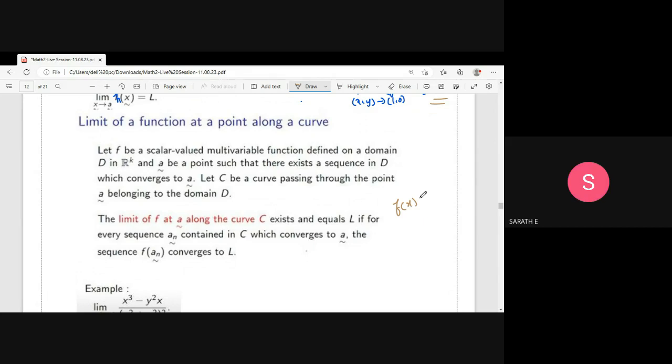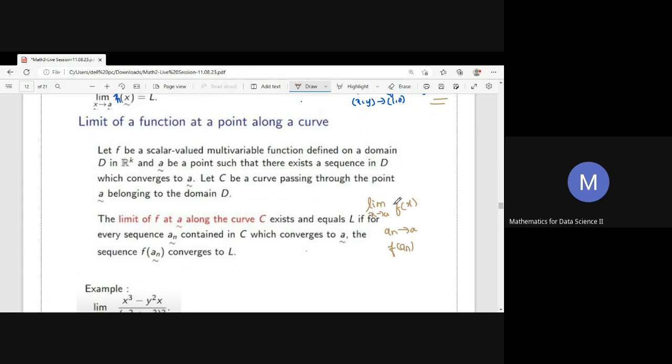Using a sequence: the limit as x goes to a of f of x exists if for every sequence a n, f of a n converges to L. Or the other way around, if you can find a sequence a n converging to a for which f of a n does not converge, then you can say this function also does not converge, right?